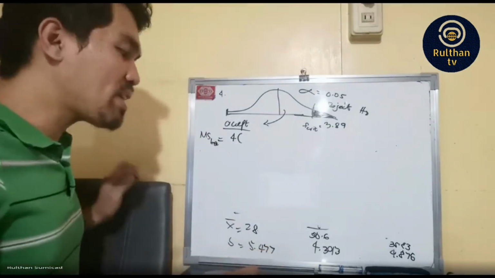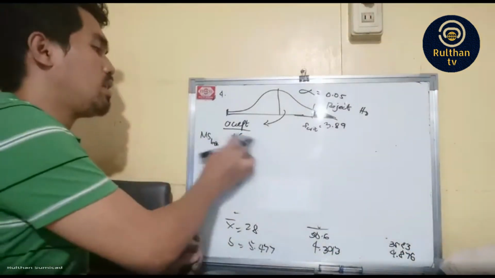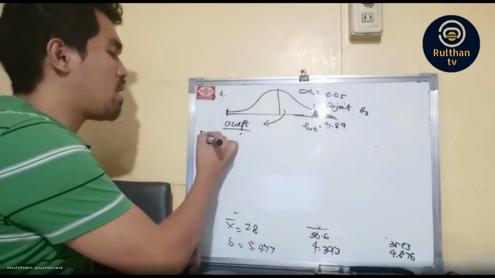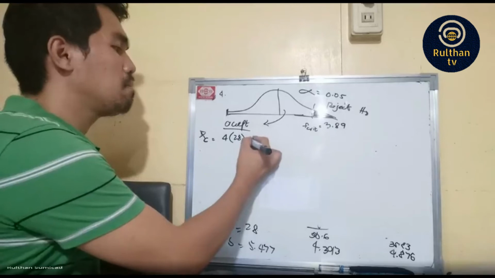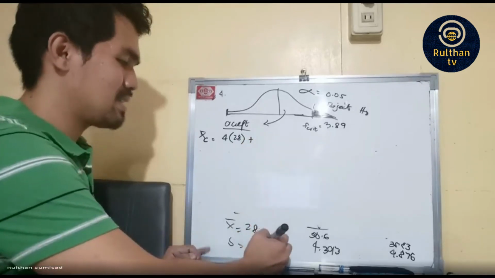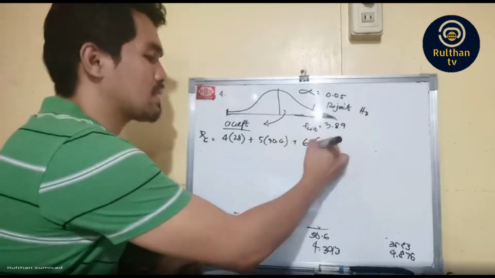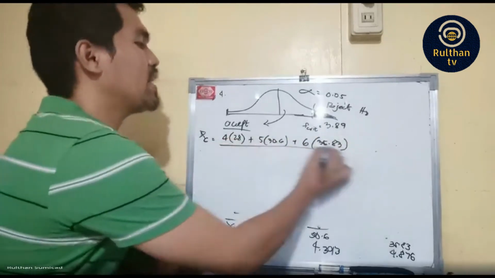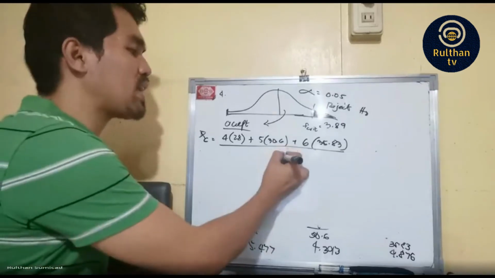By the way, the computation for the grand mean here, let's start with the grand mean because it is different from the one that we had last time. So X bar G is simply 4 times 28 plus 5 times 30.6 plus 6 times 35.83 divided by the N total, or the total number of samples, that's 15.